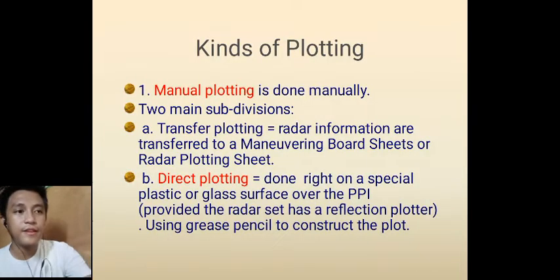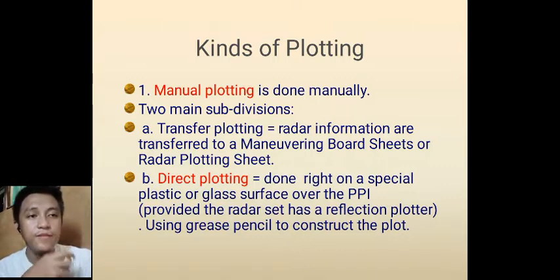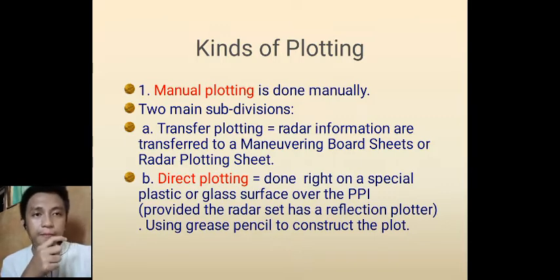And kinds of plotting. First, manual plotting, which is done manually. It has two main subdivisions. The first is transfer plotting, where radar information is transferred to maneuvering board sheets or radar plotting sheets. The second division is direct plotting.